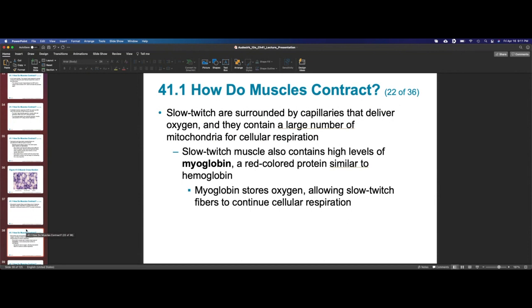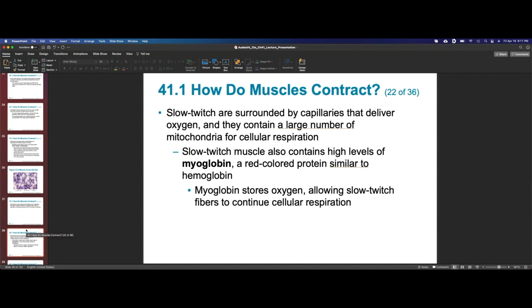And so slow twitch muscles are going to have a large number of mitochondria used for cellular respiration, to support getting the full ATP yield out of the glucose the cells take up.